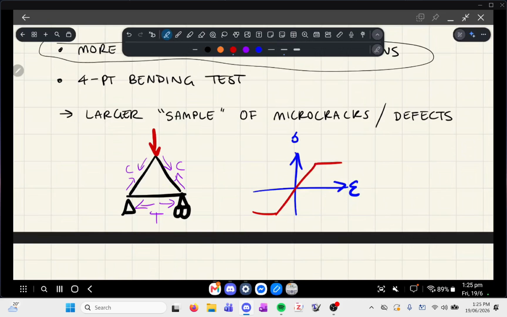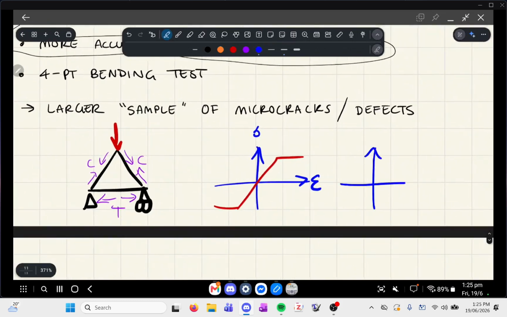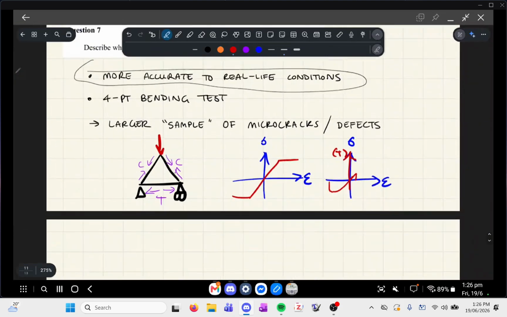Steel is just as good in tension as it is in compression. But if you think of the concrete material curve, let's say tension's up here, so going up is tension. Concrete's actually very weak in tension compared to its compressive strength, which we'll go to explain a bit more later this lesson.